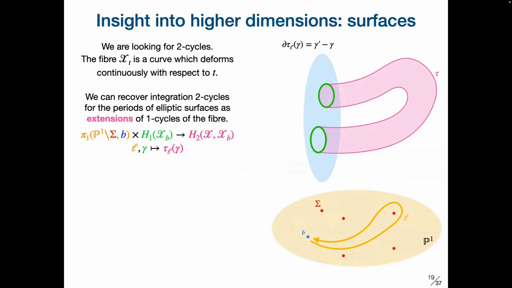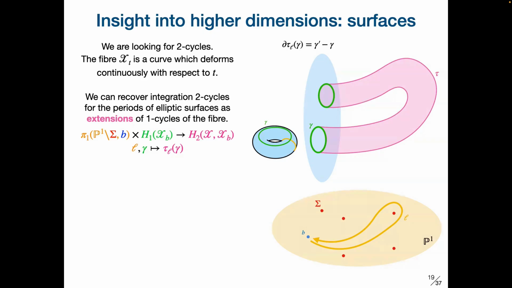So now for surfaces, we're no longer looking for one cycles on a variety, we're looking for two cycles. A two cycle you can understand just as a two-dimensional real submanifold of your variety. One way to obtain such a two cycle, which is very analogous to the case of curves, is to start from a cycle on the curve above some base point, and to track what it does when you deform the parameter along the loop.